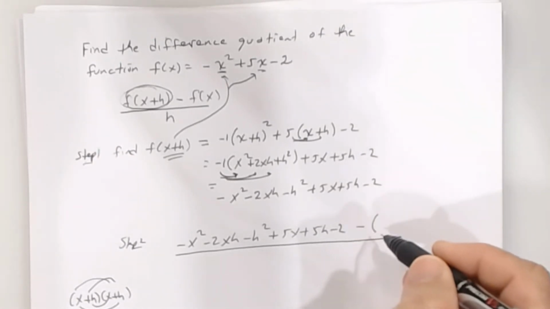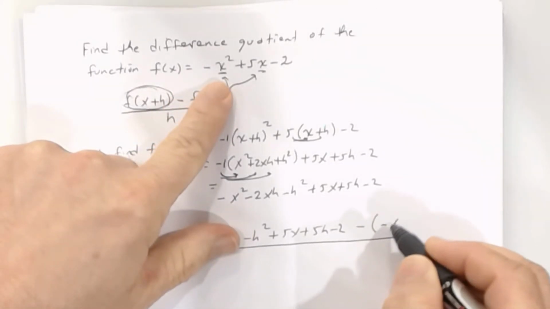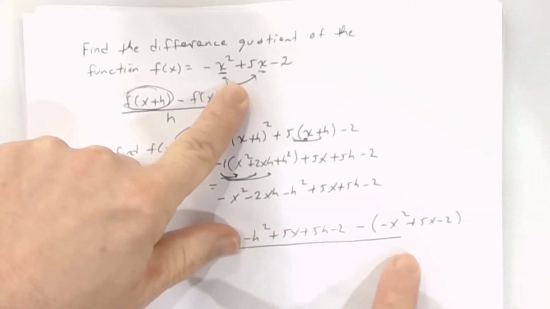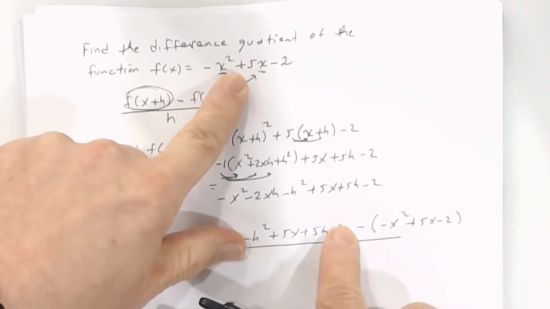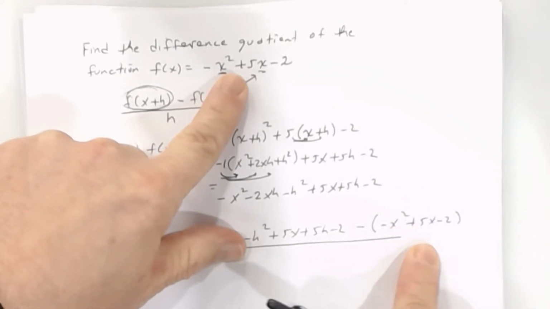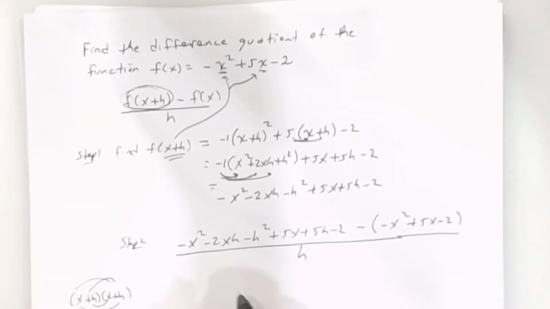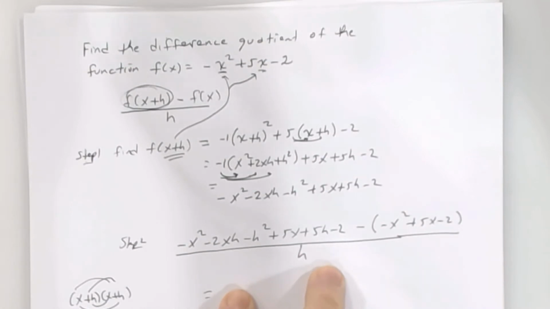So what do I put in parentheses? What's f of x? Negative x squared plus 5x minus 2. That is f of x right here. That goes here. Minus f of x. And then all that's being divided by h.